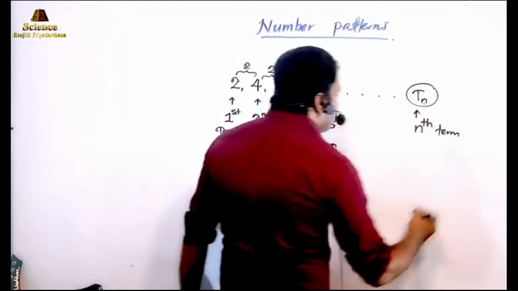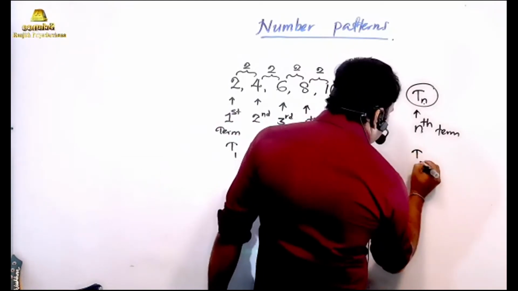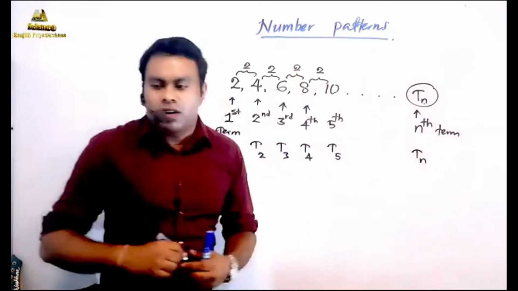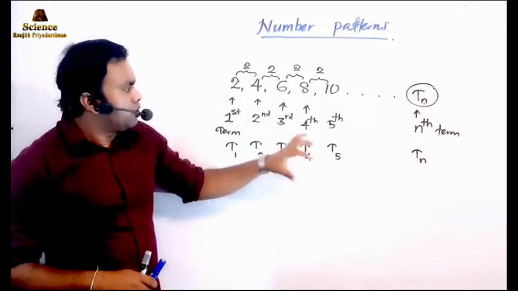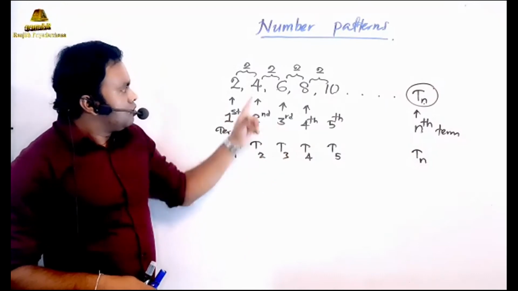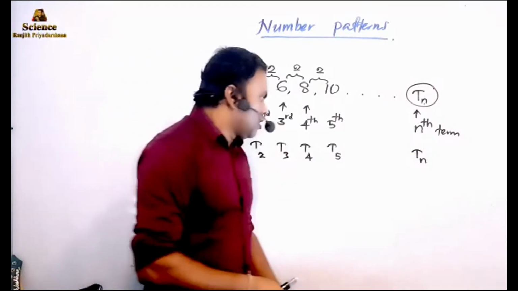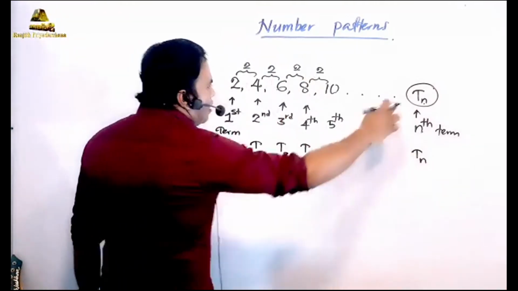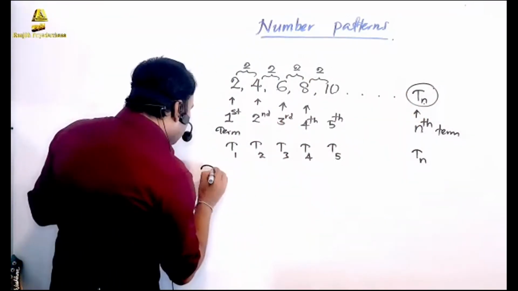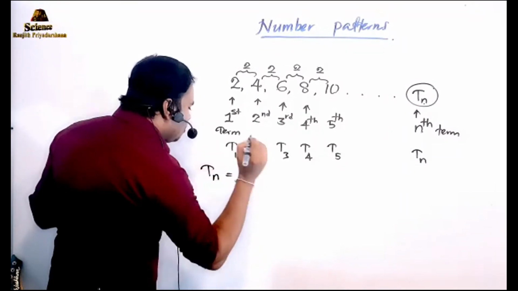And the nth term, we can write as Tn. These are the notations we can use. Now what is this 2? Imagine the nth term Tn, what does that equal to? So how do we find that?